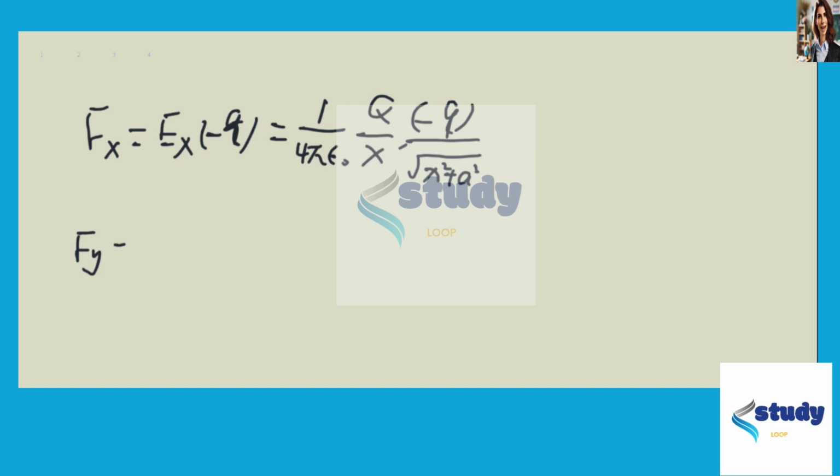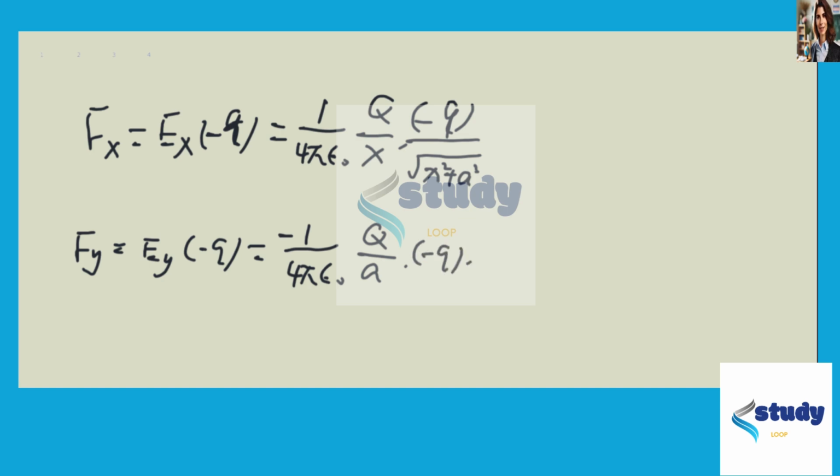And Fy is Ey times negative q. So this equals 1 over 4 pi epsilon naught Q over A times, we have an extra negative sign here, negative q times 1 over x minus 1 over square root of x squared plus a squared. All right. So this is the expression for Fx and Fy.